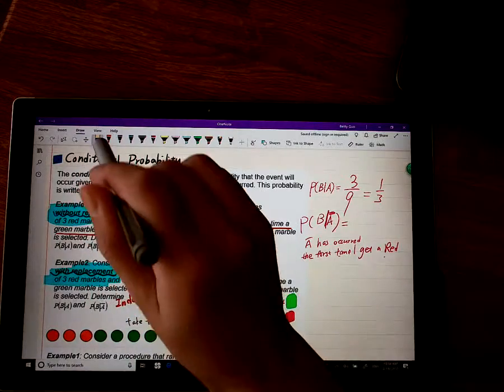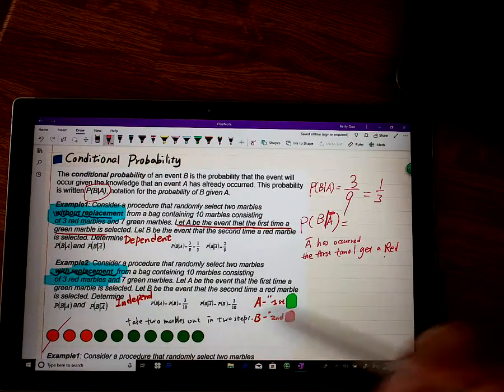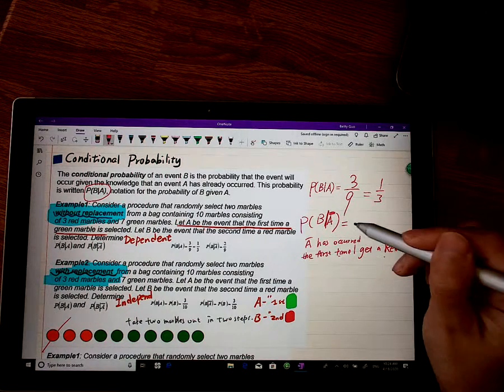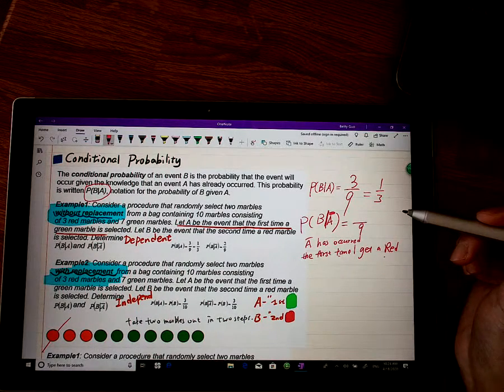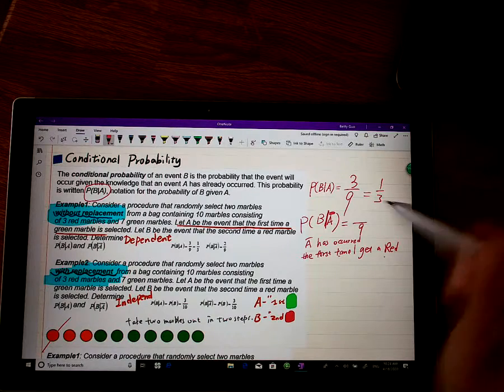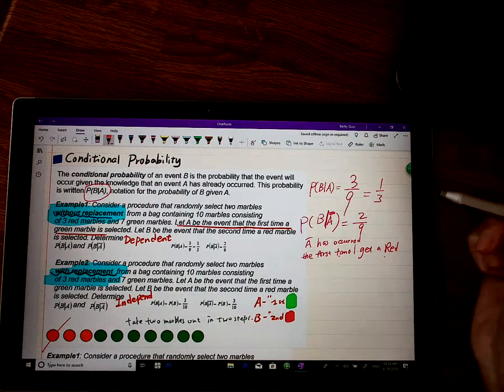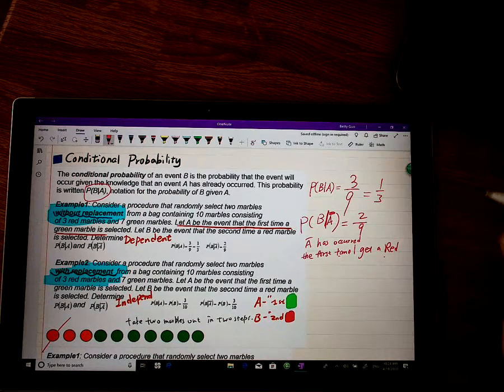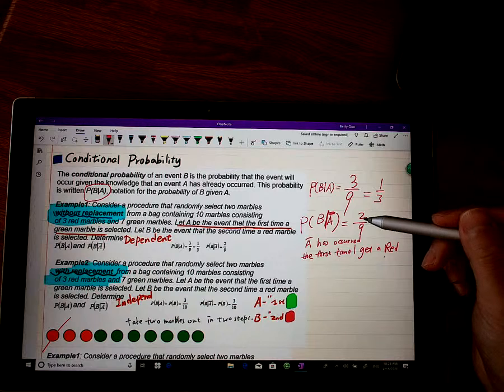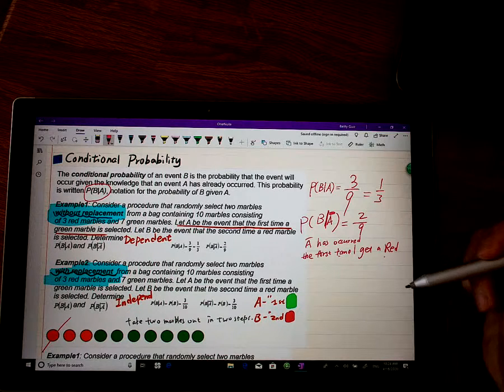And without replacement, you are missing 1 red marble here. So when you take the second marble, you have 9 marbles in the bag. And how many of them favor the result, getting a red marble? Only 2, because you got a red marble the first time. So the 9 marbles right now only have 2 red marbles. So that is 2/9.